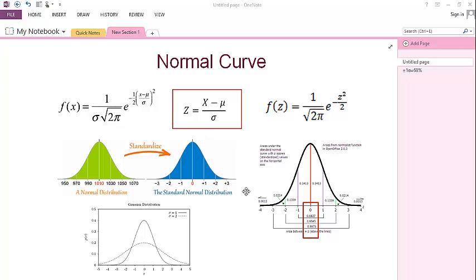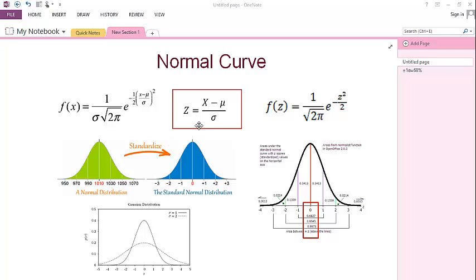And then, in order to determine probabilities, we want to turn it into a standard normal. So we take this equation and we standardize it. And we standardize it by using this z factor. And we set the standard deviation here, sigma, to 1.